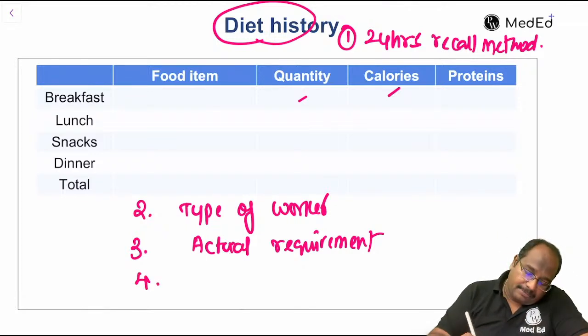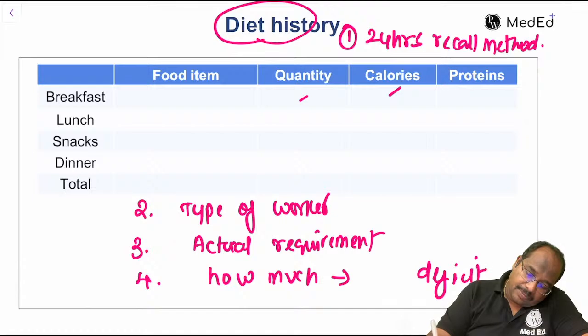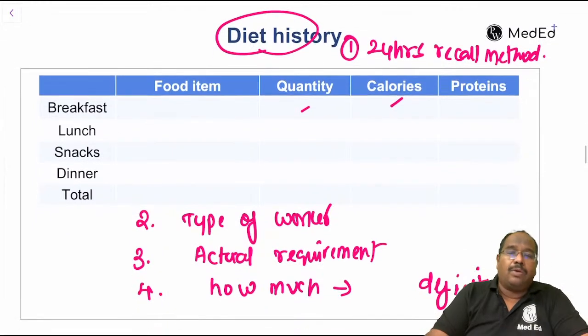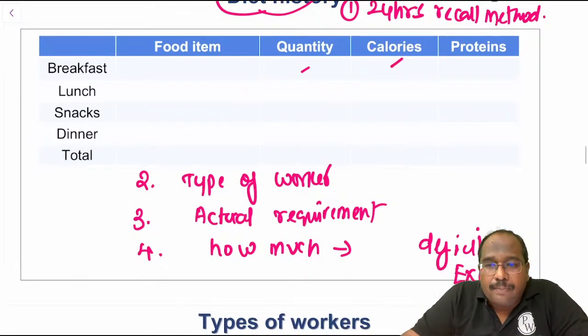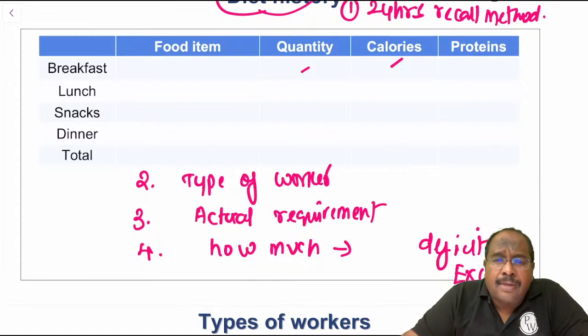You calculate how much your case takes, then what is the deficit or excess, guys? I want 5 points. One is what method we use, type of worker, how much calorie is the requirement, how much this person is taking, and whether deficit or excess is there.